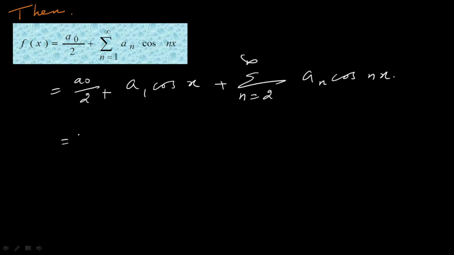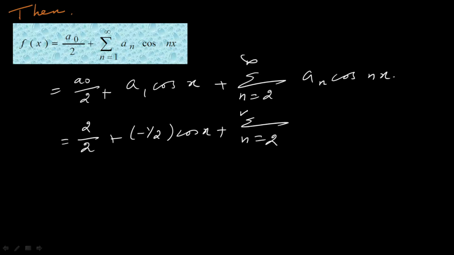So you know the values: a0 we calculated as 2, divided by 2, plus a1 value we calculated as minus 1 by 2 cos x, plus sigma n is from 2 to infinity. The value of an you have calculated is minus 2 times minus 1 whole power n divided by n square minus 1, cos nx. So let me simplify this.